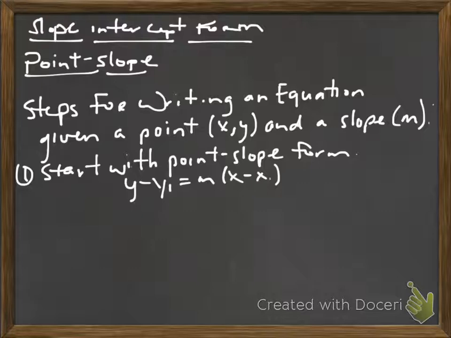It says y minus y1 equals m times x minus x1. Always write that form out, so that it helps commit it to memory.